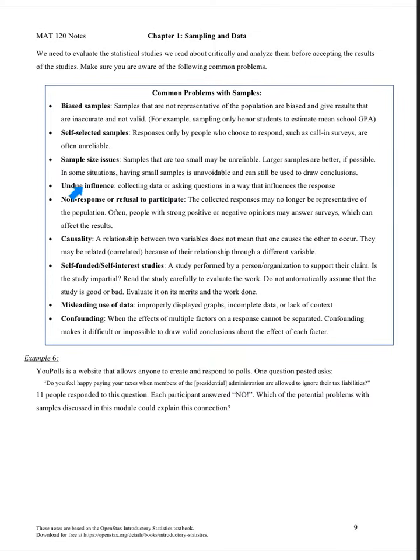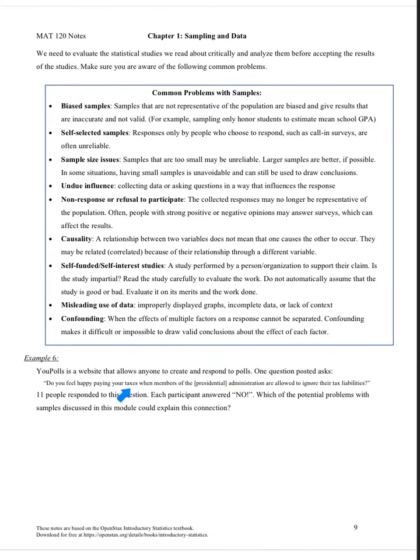Take a moment to pause the video and familiarize yourself with some of these common problems before we go to example 6.